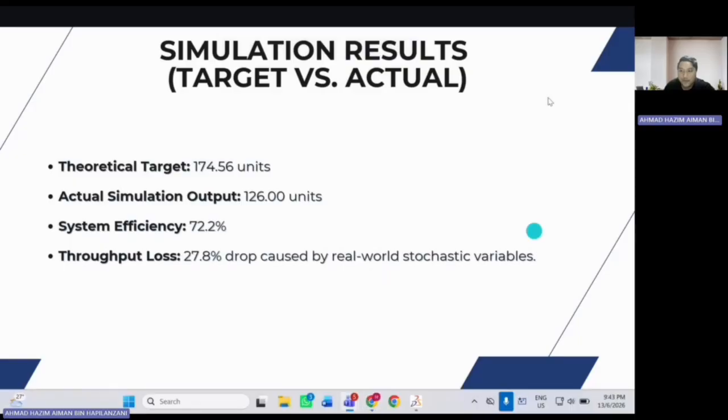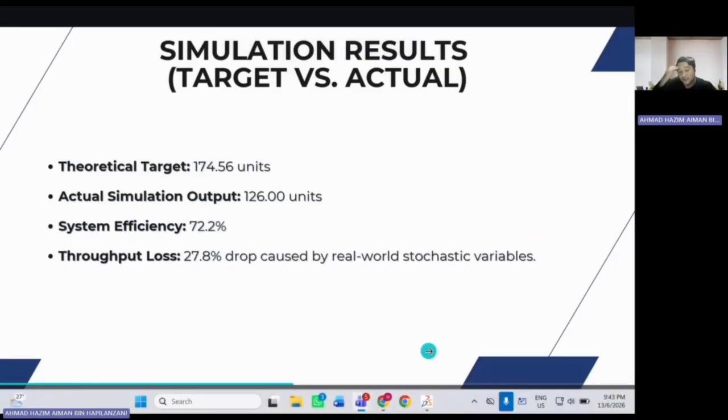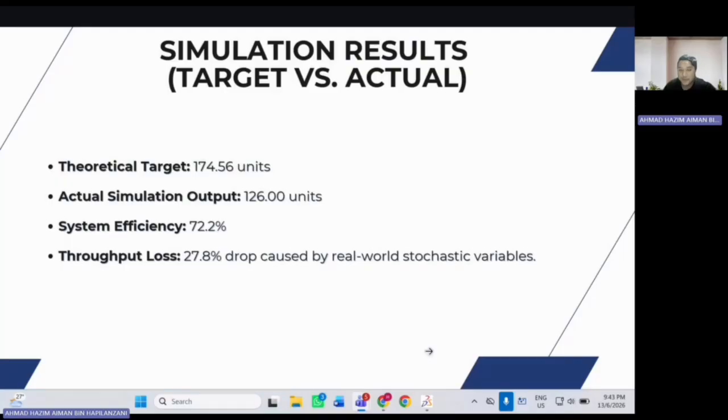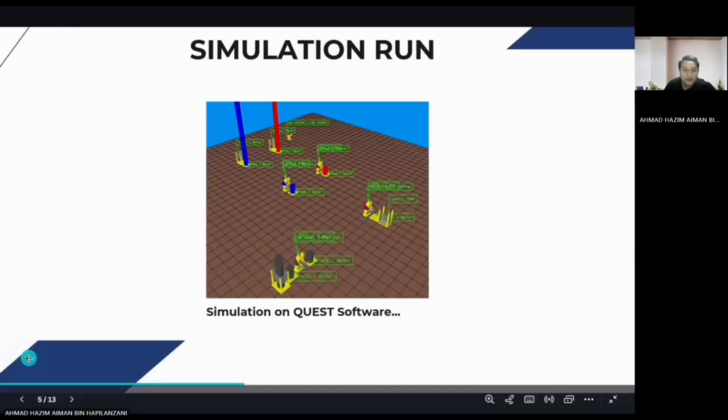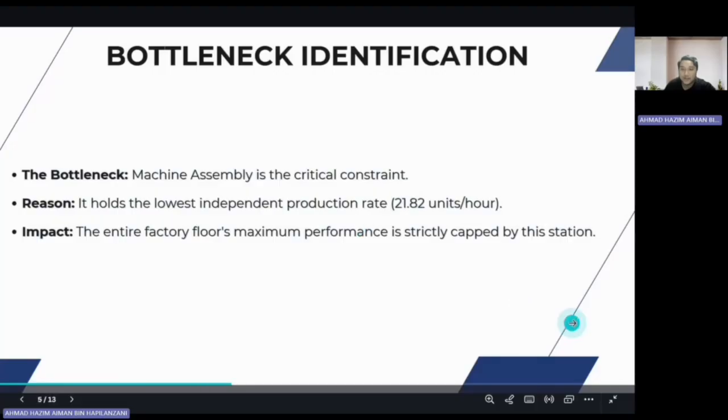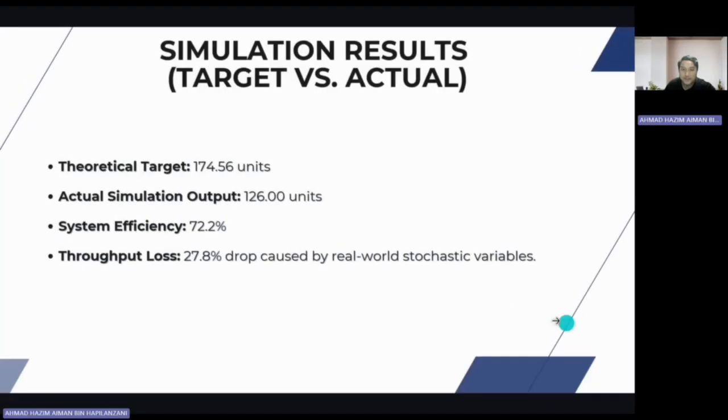After we have run the simulation, we can use the results to compare with the theoretical ones. For the theoretical target, we can calculate it by using the bottleneck production rate of 21.82 units per hour, and then we times it by 8 hours, because even though the shift is 9 hours, there is also 1 hour of total breaks for the operator. So we only times it by 8, and we got 174.56 units.